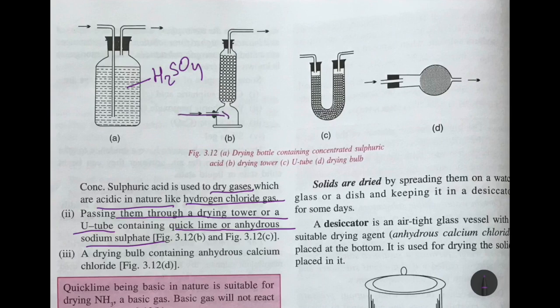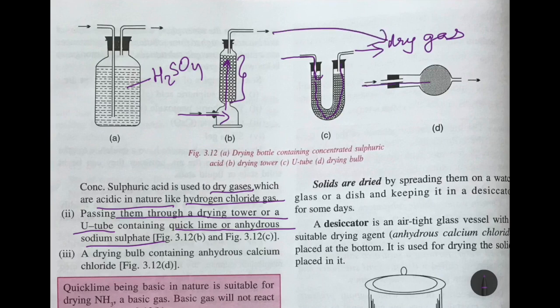So gas passes through here and then goes up here. What is this? This is the drying agent. Here it may be quicklime, calcium oxide, or anhydrous sodium sulfate. From this U-tube also, gases pass down here, pass through the drying agent, and from here dry gas comes out.